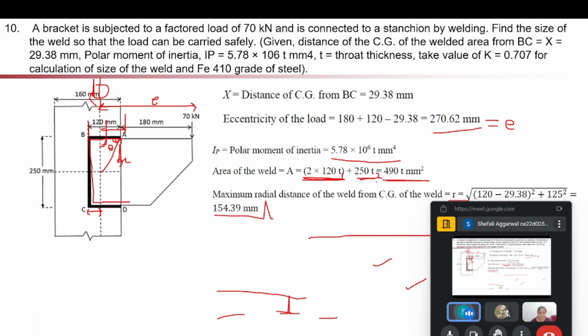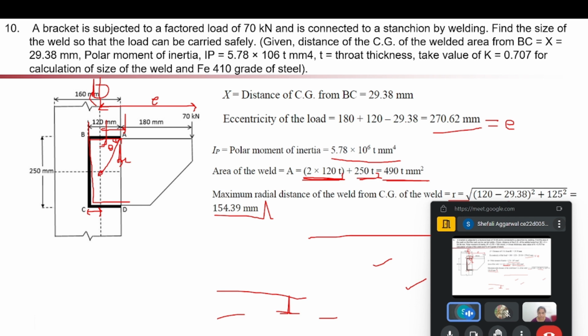I was more concerned regarding, let's say, it was mentioned that line AB has a throat thickness less than BC. Then where is the critical situation? R will be different, I guess, because the R value is located at point A from the CG.